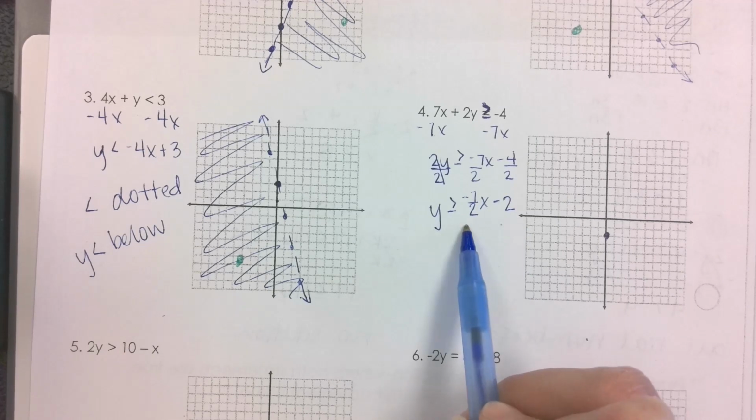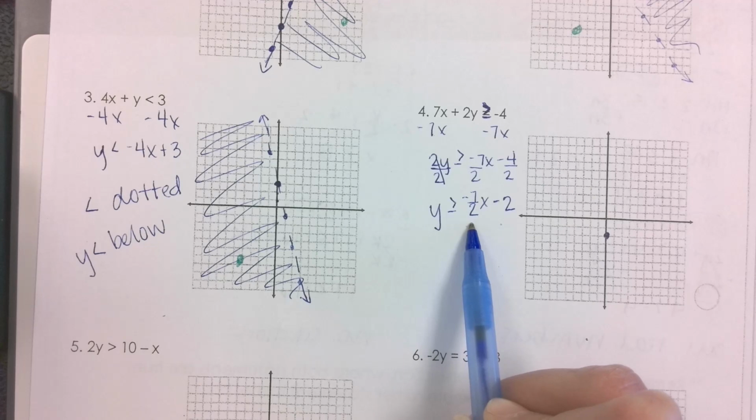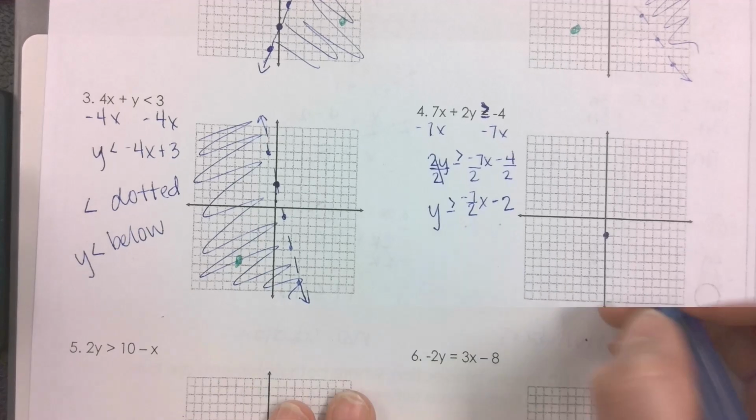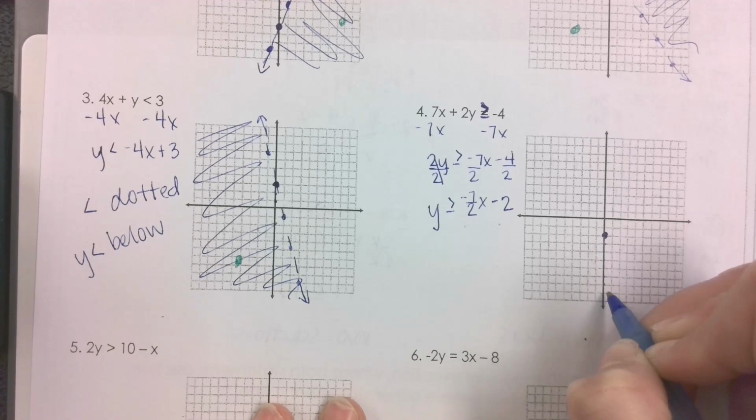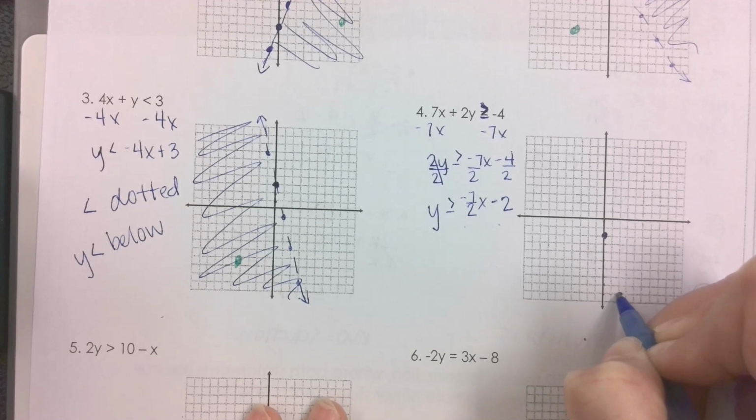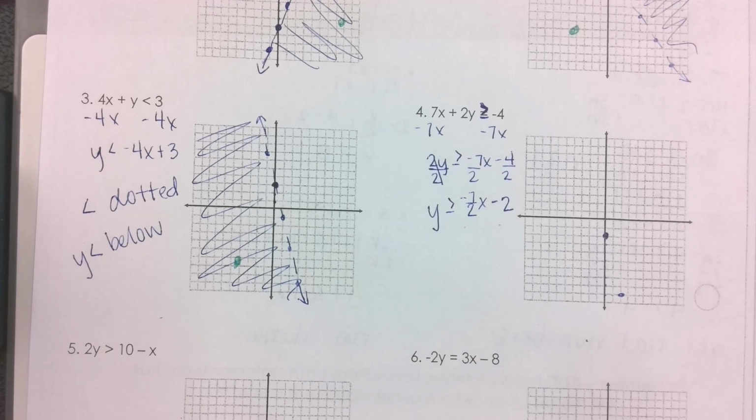And we count it rise over run. So how do you think we're going to count that? Up or down 7? It's negative. So we'll go down 7 over 2. So we went down 7, right 2. How are we going to count it the other way? Up 7, left 2.